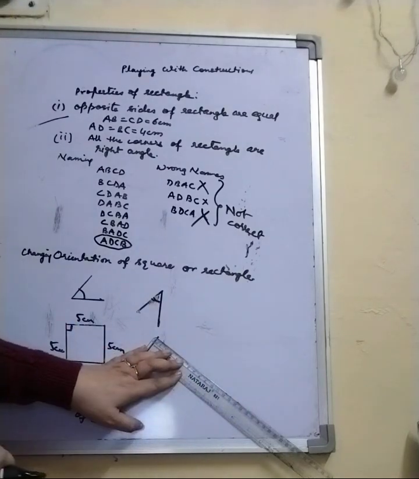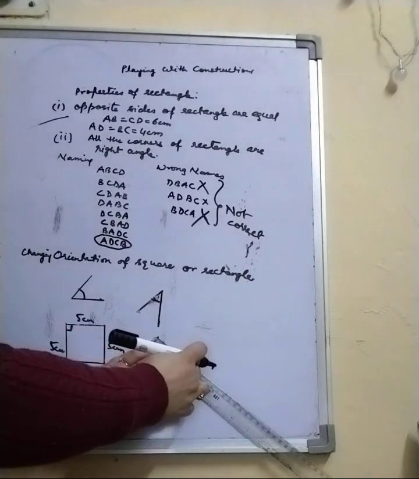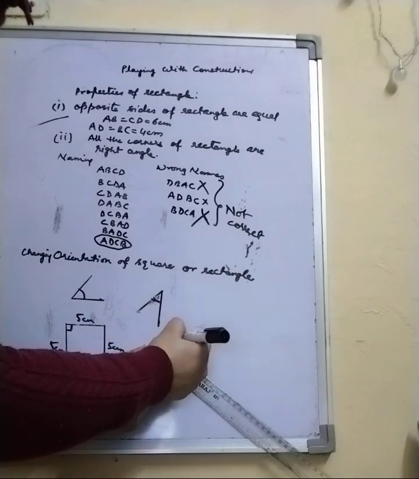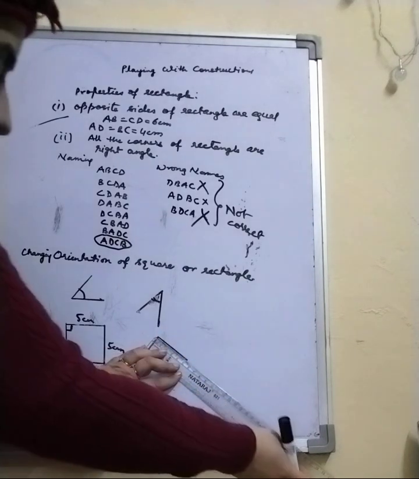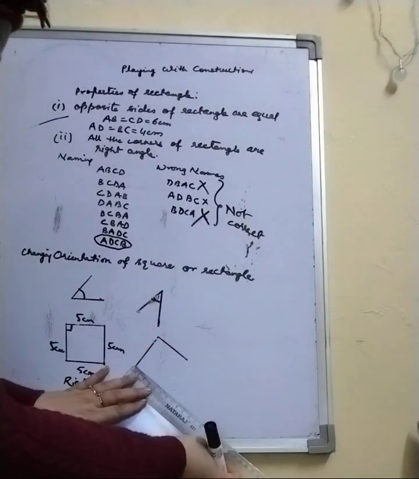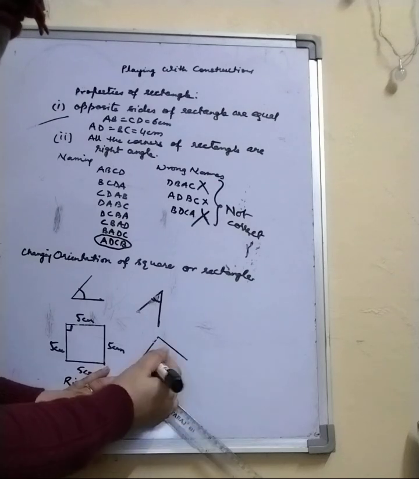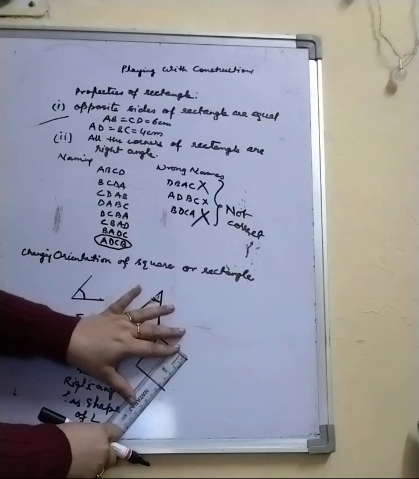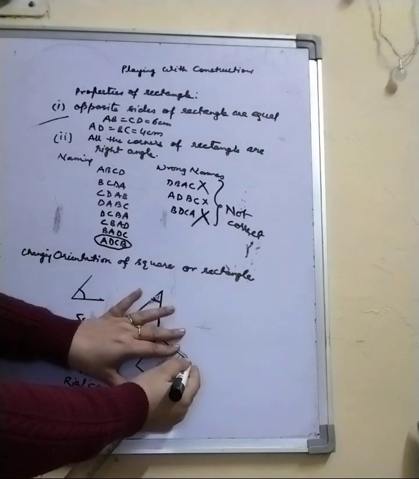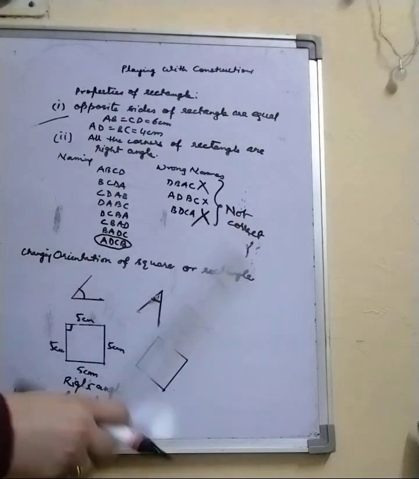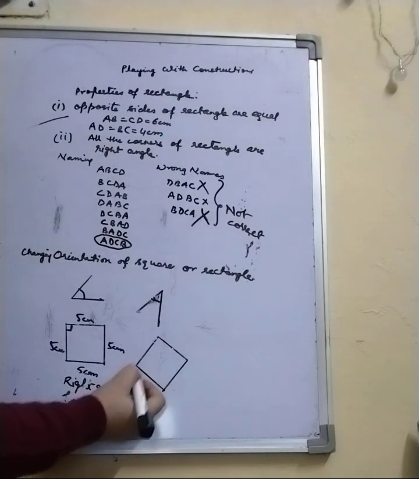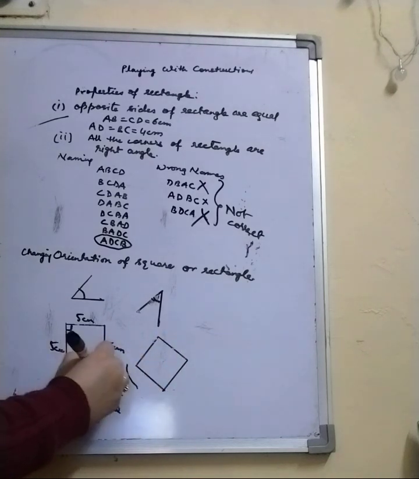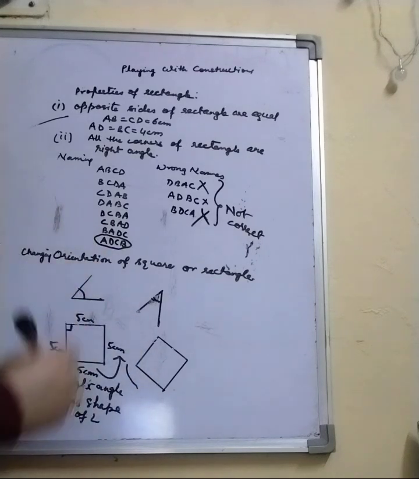With your observation, you would make a 5 centimeter length segment and L shape like this. So this is L shape. Here also it should be L shape. And then the last one you just join with each other, you would get the square. So now this square has been rotated.